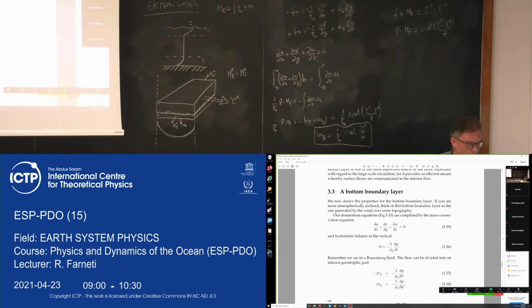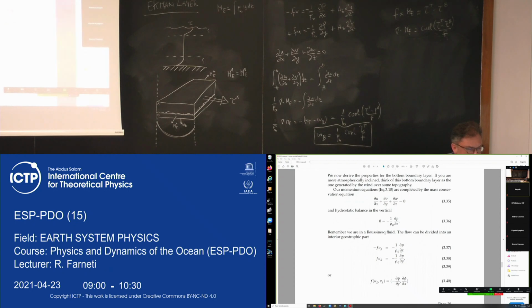Okay, so we're just going to go through the derivations quickly so that we can see the difference between the mass transport in the bottom Ekman layer and the top Ekman layer, which is what we care about. Okay. So you take the momentum equations that we saw before, you take again mass conservation and the hydrostatic balance.